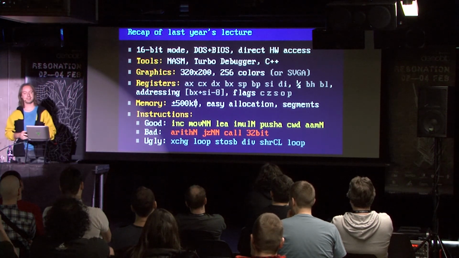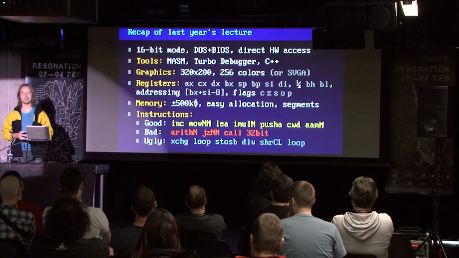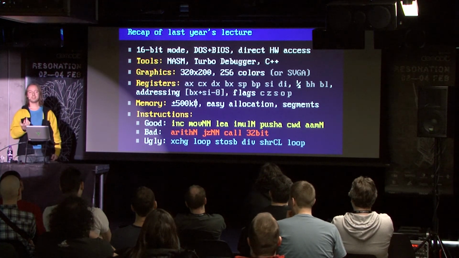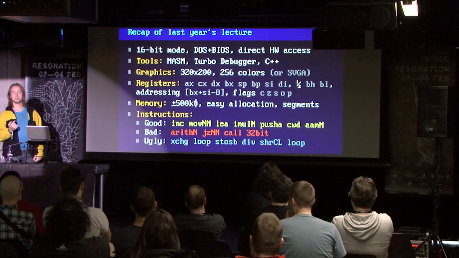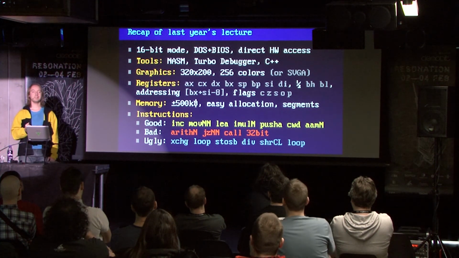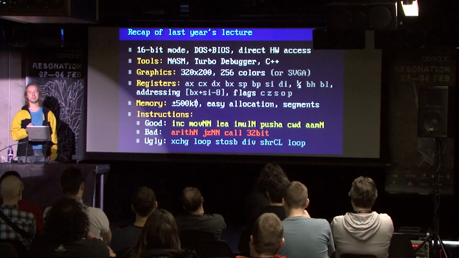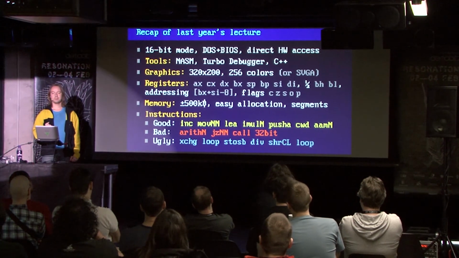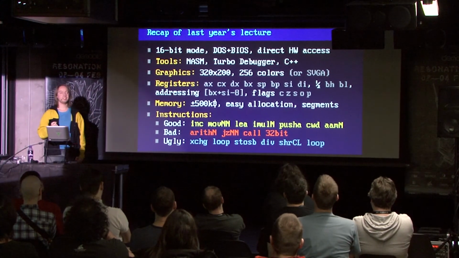So this is a one-page recap of what we did last year. The 256-byte intros that I'm talking about are written for PC machines. They actually run even on the newest PC machines when you boot into DOS, or when you load a virtual machine on those.